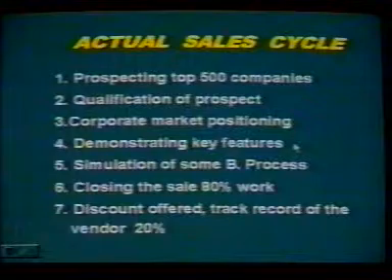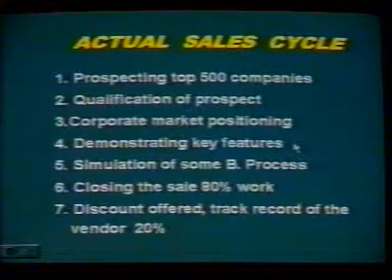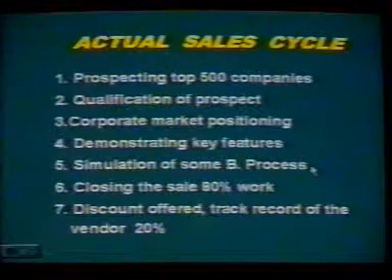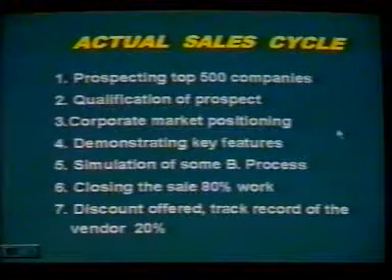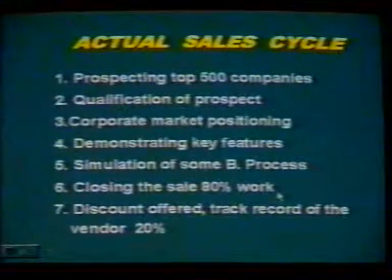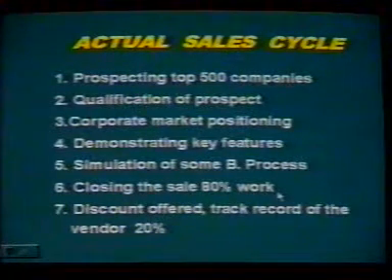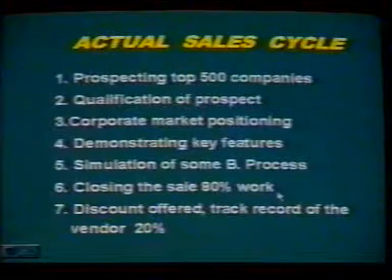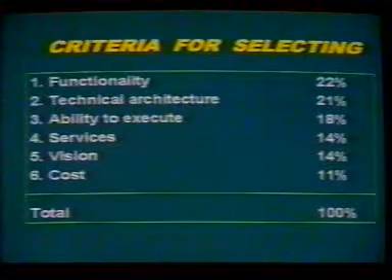Every ERP vendor should come with a package to demo, give a demo that this package can achieve this after a proper implementation. Simulation of some business processes like marketing or quality or production. Closing the sale work. Once these 5 steps are completed, 80% of the work of buying an ERP package is over. The remaining comes discount offered, the track record of the company, which is about 20% of the work.